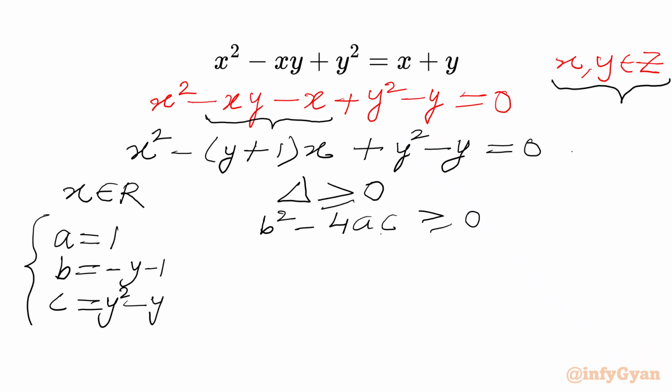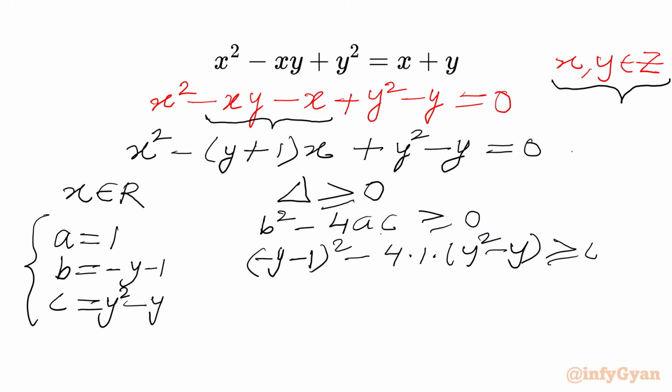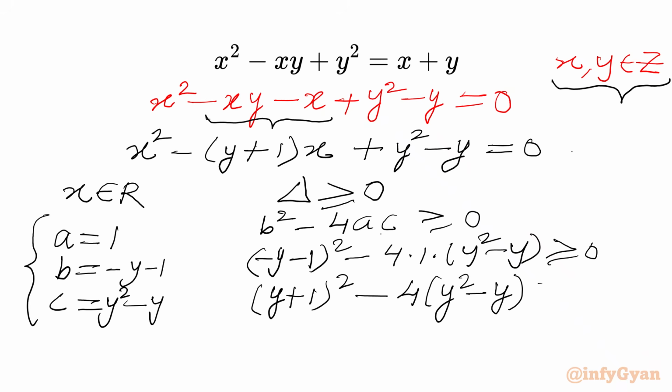Let's plug in these values to our formula b square minus 4ac. We will get minus y minus 1 whole square minus 4 times 1 times y square minus y should be greater than or equal to 0. Now we will take minus common, so it would be y plus 1 whole square minus 4 times y square minus y. This should be greater than or equal to 0.